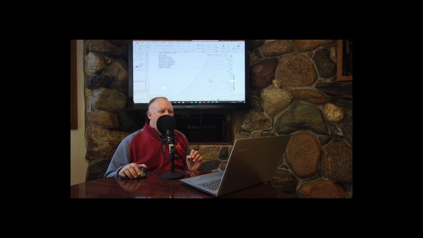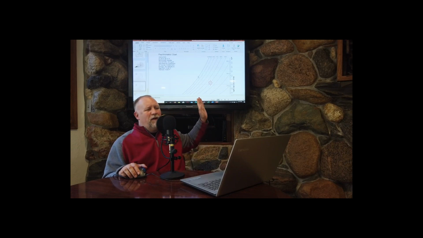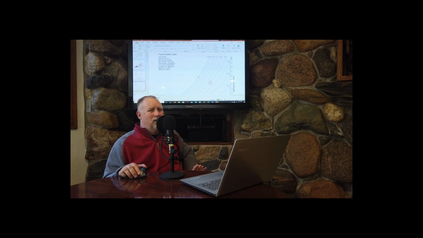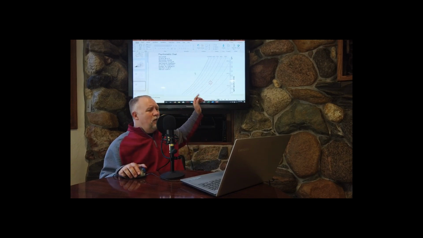A 75 degree dew point is tropical. Also note, 95 degrees Fahrenheit and 50% relative humidity isn't that humid for Iowa. It gets worse than that constantly. So we might see a dew point of 74 or 75 or 76.